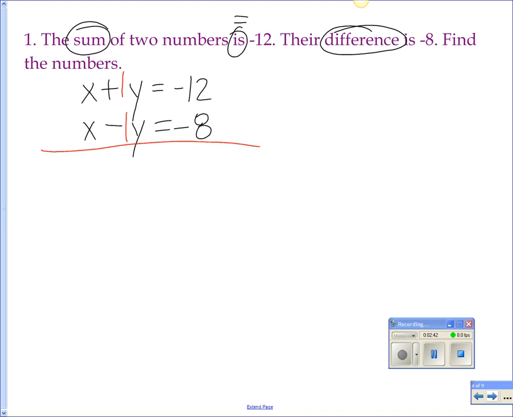Gracie, what symbol do I put out here? A plus. Haley, what do I do next? What do you get right here? Sorry, what happens to +1 and -1? They cancel out.